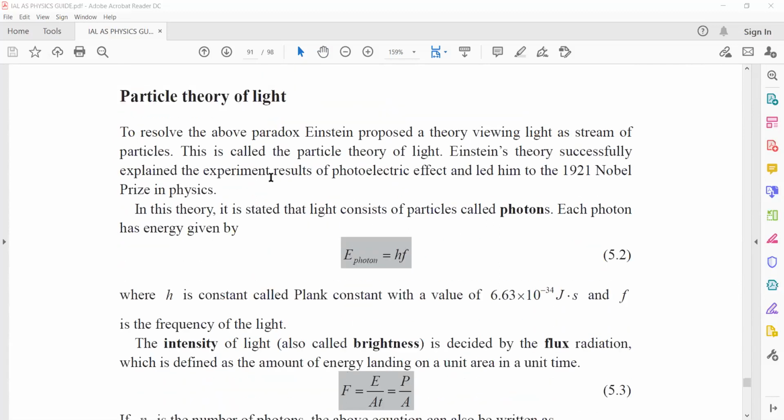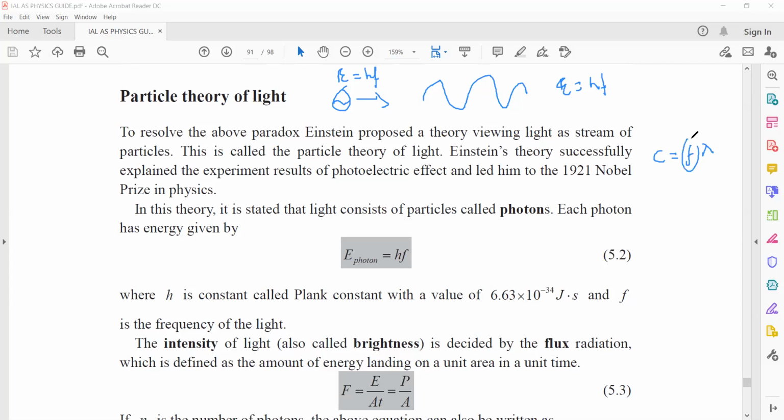Then the particle theory of light. Basically, light has a dual nature. When we say light has a dual nature, it means light can behave like a wave, and light can behave like a particle. The formula to calculate the energy of a wave is E equals hf, and the formula to calculate the energy of a particle is also E equals hf. And for frequency, you have the formula c equals f lambda.